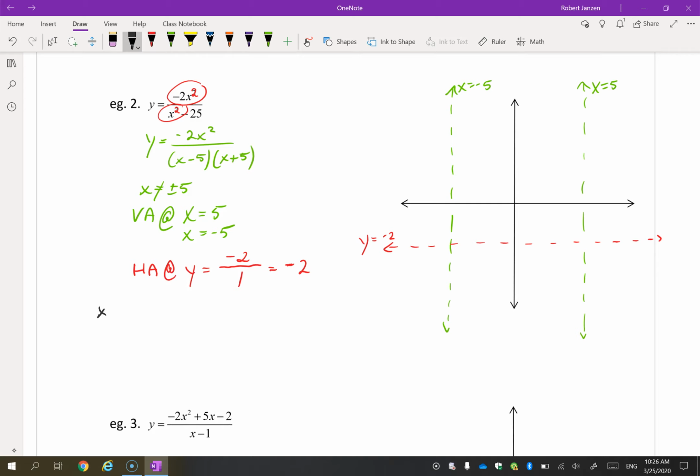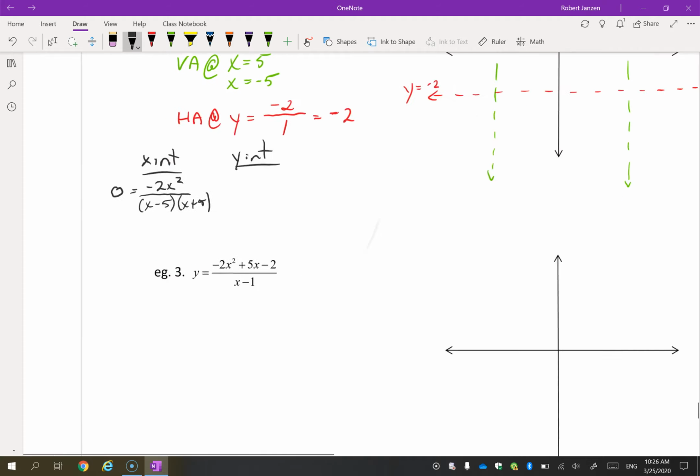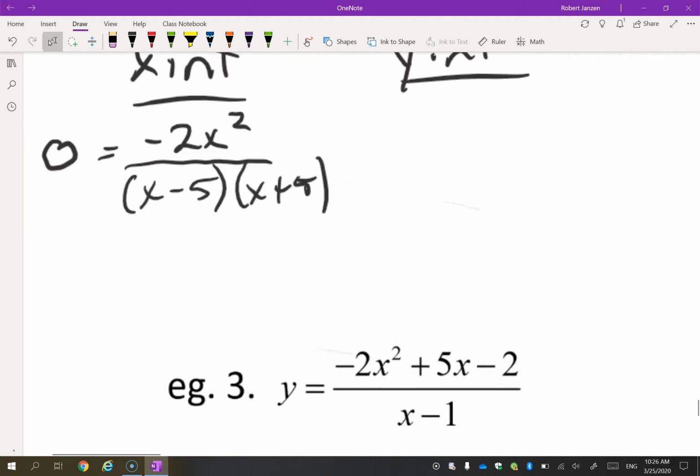Let's figure out the x-intercept and the y-intercept. Okay, the x-intercept, y will be 0. And I'm going to use my factored version already. How do we solve that equation?